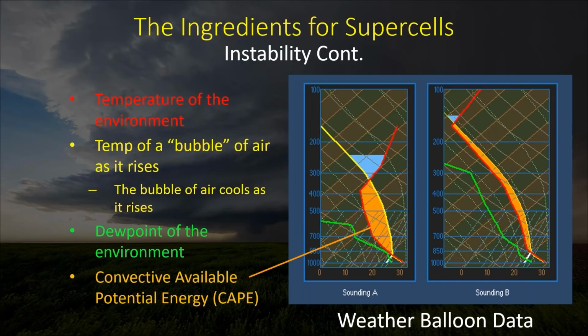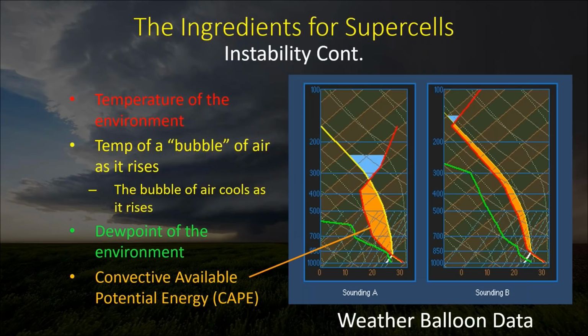And something that we use these very often to assess is the convective available potential energy, or CAPE for short. This is basically how much instability is in the atmosphere. If your yellow line is far apart from the red line, all that means is that the temperature of that bubble of air is going to be much warmer than the environment around it.